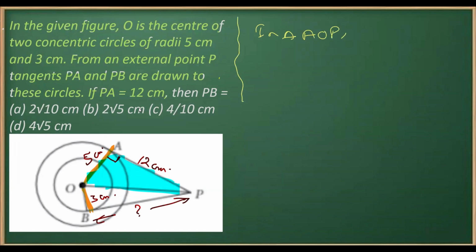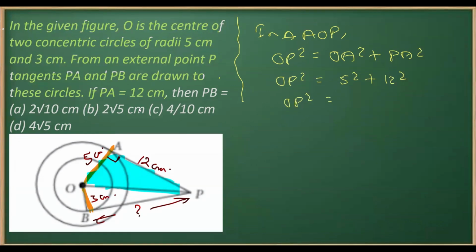In this triangle, the square of the hypotenuse is equal to the sum of the squares of the two other sides. That is, this is PA square, OP is what we have to get, OA is 5, so that's 5 square, and this is 12 square. If you know that these are a Pythagorean triplet, you can straight away write this as 13 square. Otherwise, you can find out the value with the working required.